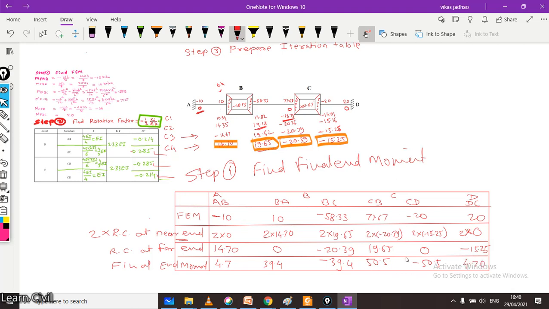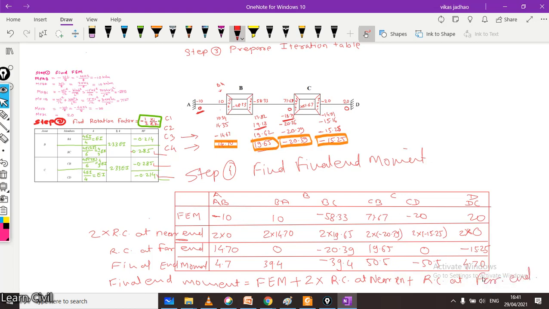These are the final end moments with which you can find out the final bending moment diagram. The formula used here: final end moment is equal to fixed end moment plus 2 into rotation contribution at near end plus rotation contribution at far end.